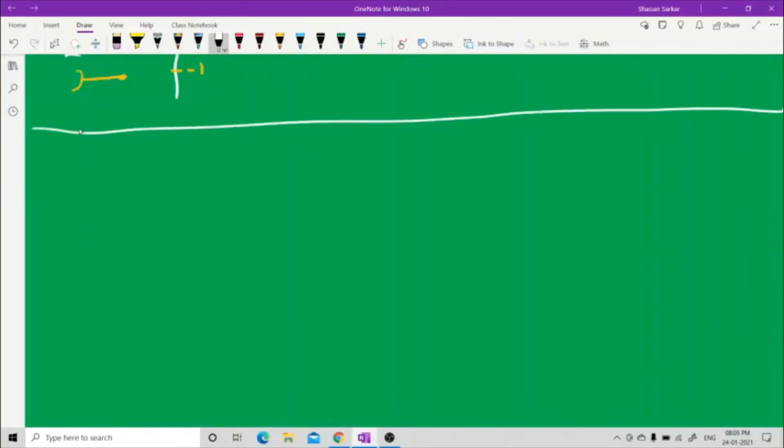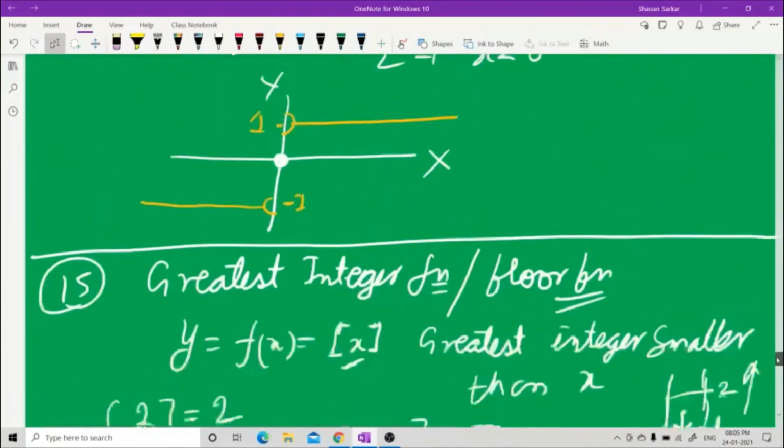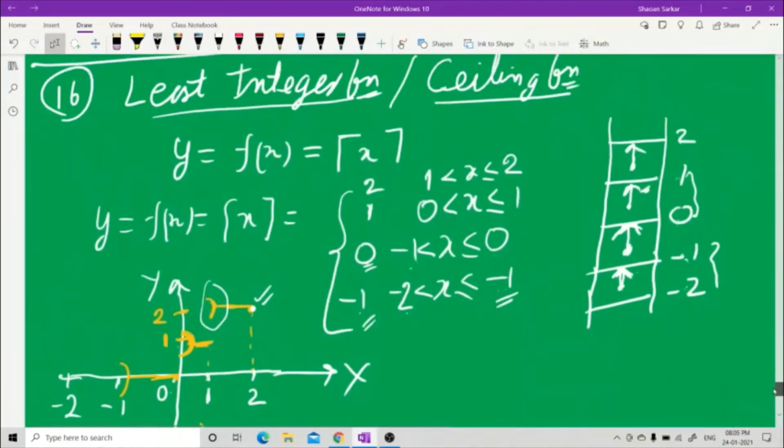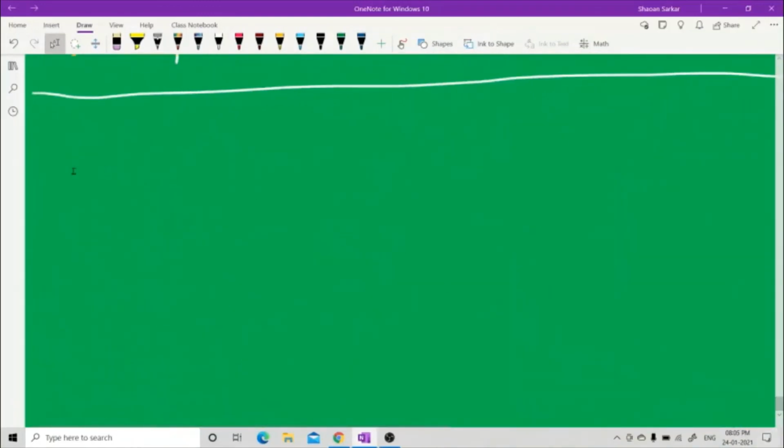Now we have this function known as fractional part of x. This is the 17th function. This is the problem with me, I always forget which function I'm talking about. 15, this is 16, yeah, I'm talking about 17 now.